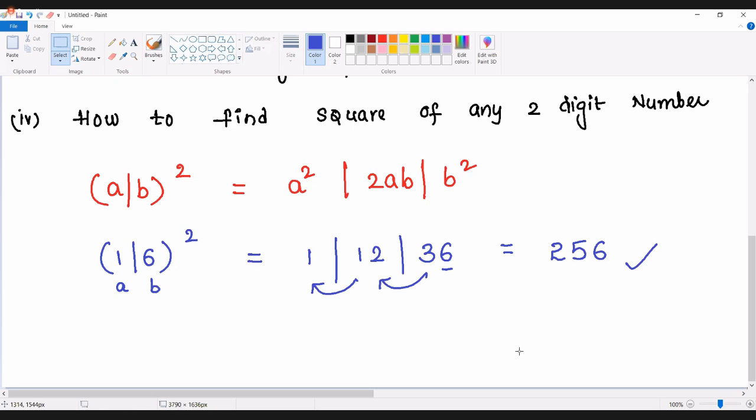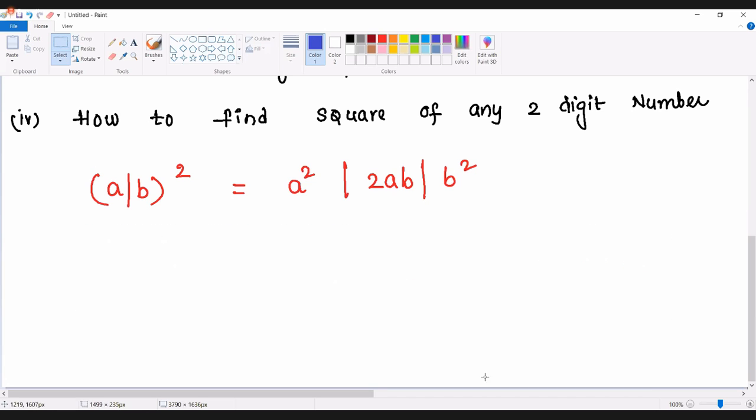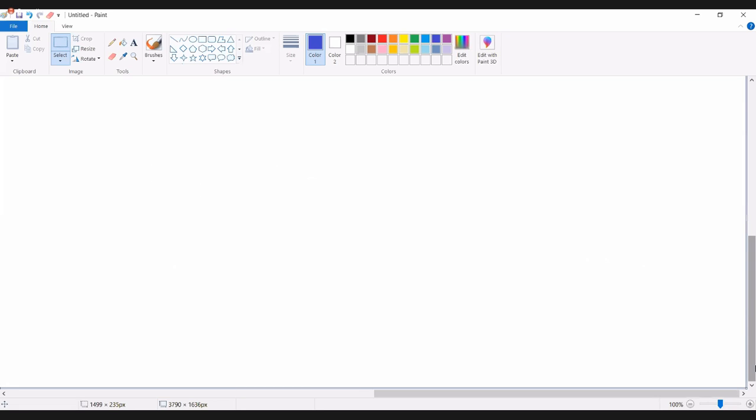So the answer is going to be 256 here. Now you can apply this logic comfortably to find the square of any other number. For example, I want to find out what is 53 square.